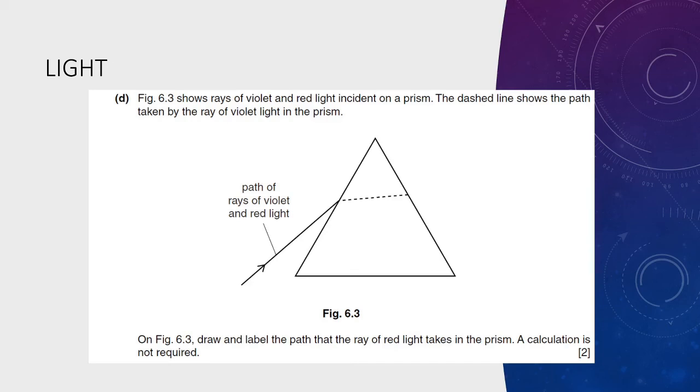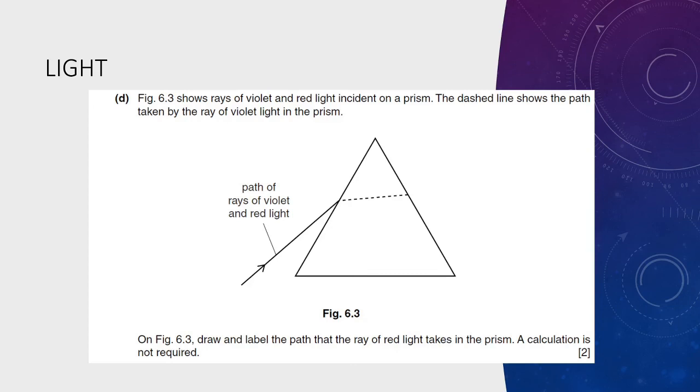So because violet has a shorter wavelength compared to red light, the violet will be refracted farther from the normal line compared to the red light.